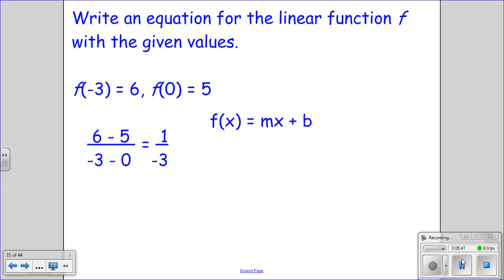Then we will set up our function notation for our slope-intercept form, f of x equals mx plus b, and substitute in the two values that are needed, the slope and the y-intercept. F of x equals -1/3 x plus 5. Because our x in our coordinate 0, 5 was 0, we know the y-intercept is going to be 5.